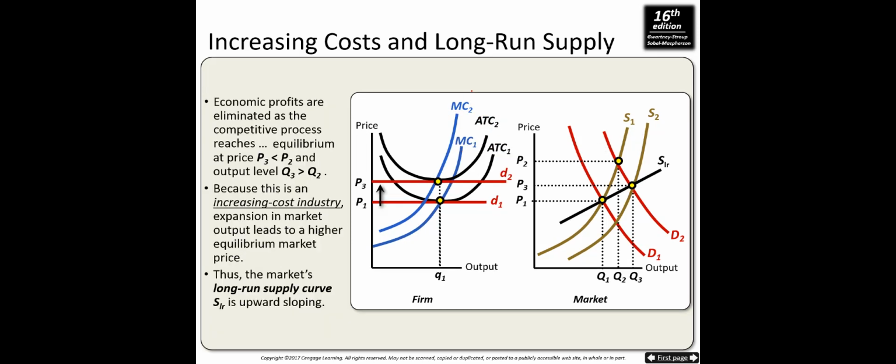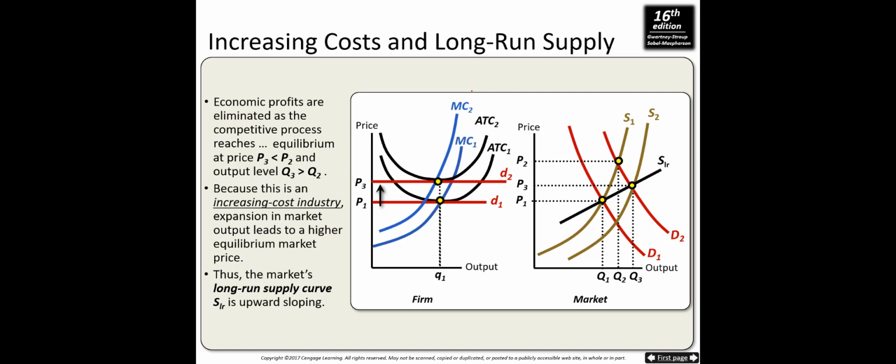So economic profits are eliminated, although the price shifts from P1 to P2, because of the increase in costs from ATC1 to ATC2 and MC1 to MC2. Economic profits are eliminated as the competitive process reaches equilibrium at price P3, which is less than P2. It's not P2 anymore, but it's not P1 anymore either.